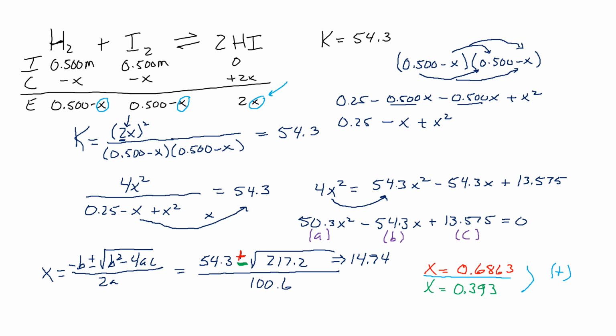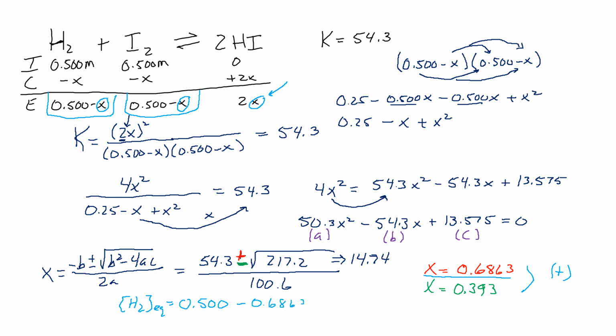it's a positive number. But where we do run into problems, though, is if we put it back into this spot here or here, because if we did, and that first one was the value that you wanted to use, that would be saying that the concentration of H2 at equilibrium would be 0.5 minus 0.6863.